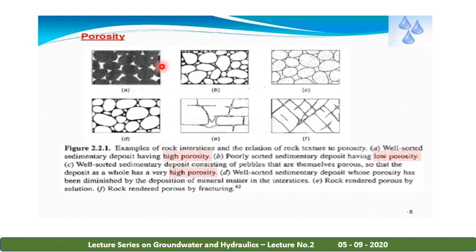These are examples of rock interstices and the relation of rock texture to porosity. First one is a well sorted sedimentary deposit which has high porosity. Second one is a poorly sorted sedimentary deposit having low porosity. Third one is a well sorted sedimentary deposit consisting of pebbles that are themselves porous, as you can see here.